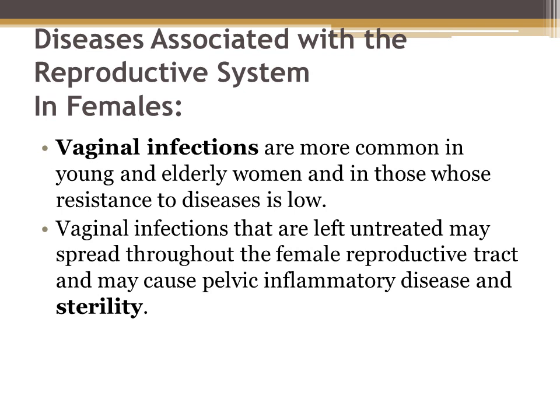Vaginal infections that are left untreated may spread throughout the female reproductive tract and may cause pelvic inflammatory disease and sterility. So vaginal infection pertains to the infection of the vagina of the women. And not only that, a woman can get infertile if not treated early.